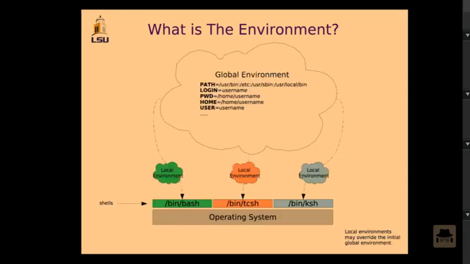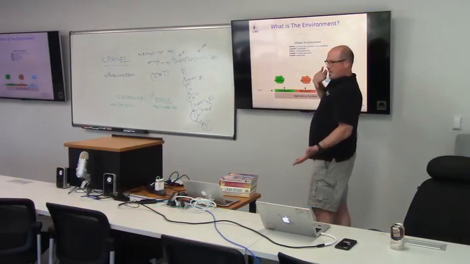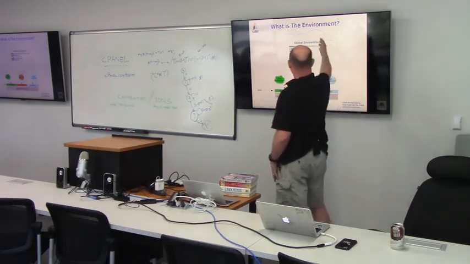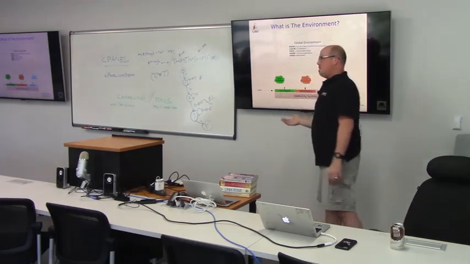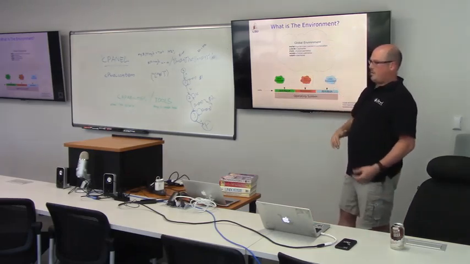And this is another view of the environment. So you have this global environment of knowledge under which the shells are operating, I guess the skeleton environment that the system administrator may set up for you. And then you've got your local environment that the user has. You can set up your own environmental variables.